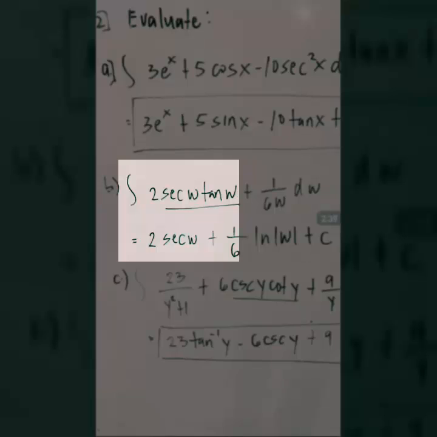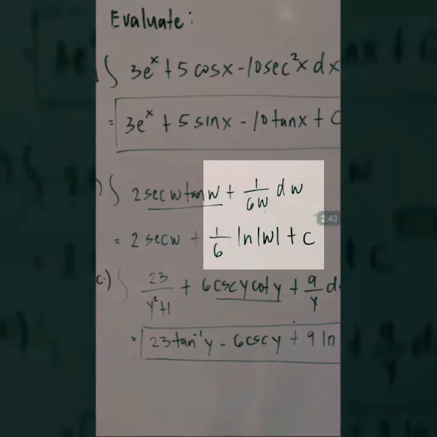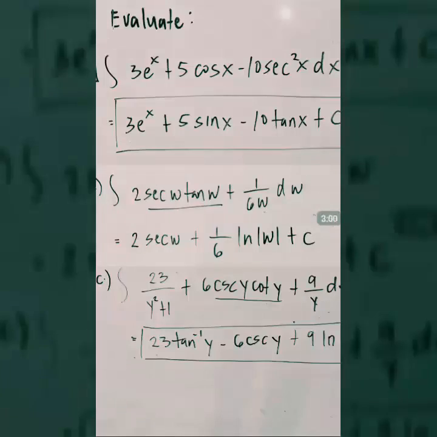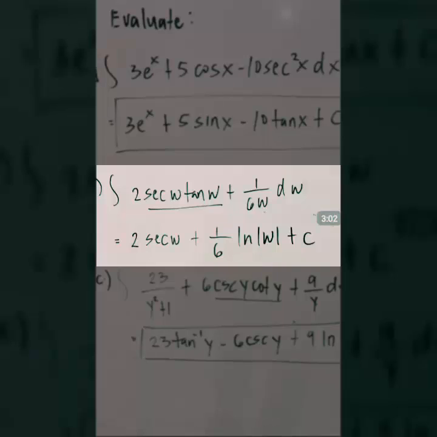Kaya ang sagot natin for the first term is 2 secant w. For the second term, 1 over 6w, ang integral ng 1 over w is ln of the absolute value ng w plus c. Kaya 2 secant w plus 1 over 6 ln w plus c.